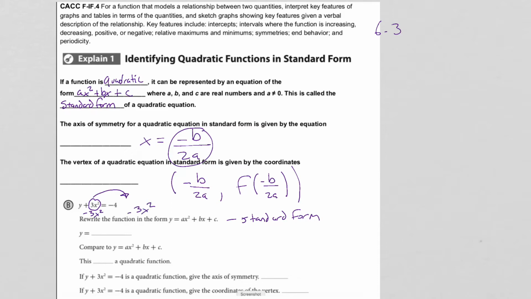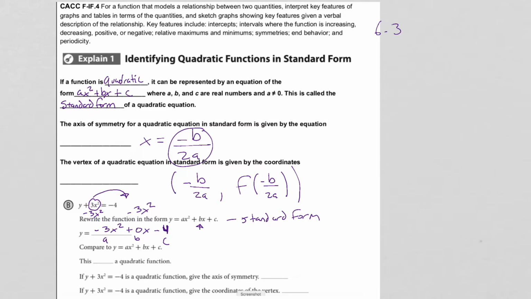So I subtract 3x squared from both sides, and you get y is equal to negative 3x squared plus essentially 0x, right? Because we're looking for the b. And minus 4. Here's our a, here's our b, and there's our c.